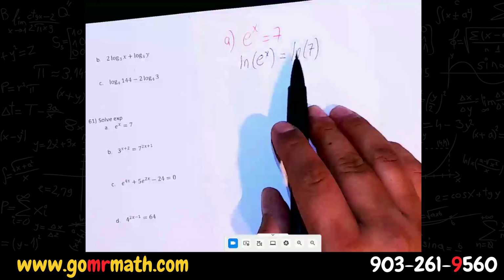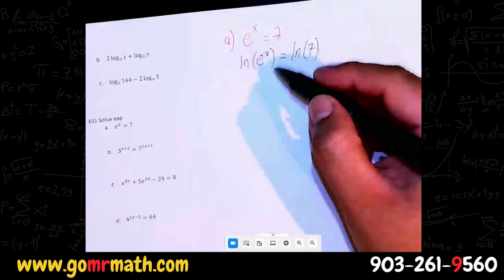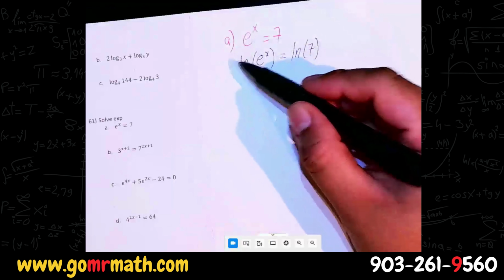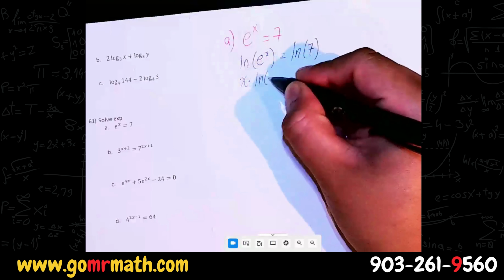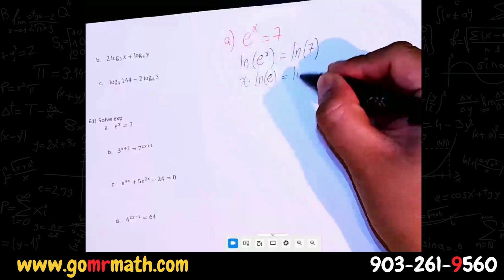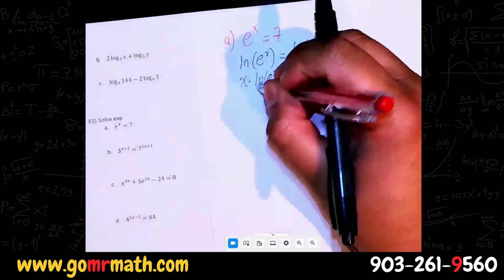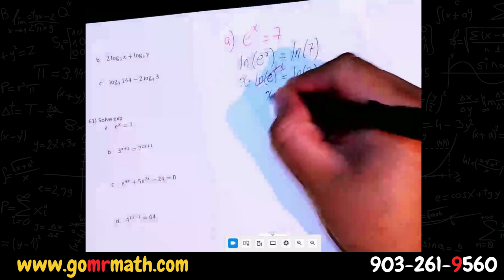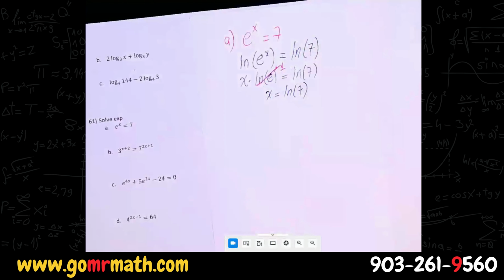So we're applying this natural logarithm on both sides of the equation. By properties, this exponent can come to the front as a product. So x times ln of e equals ln of 7. This ln of e becomes 1, and this will be x equals the natural logarithm of 7.